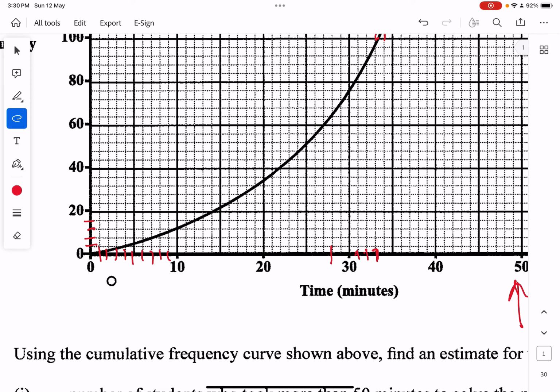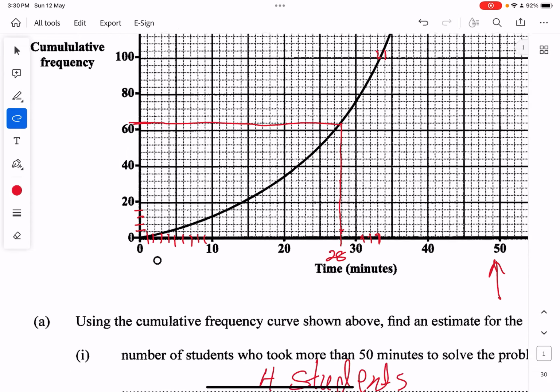We go up to the curve that corresponds to this line here and find the number of students that would have scored less than or equal to that amount, and it's going to be 64. So it comes across on this line here and ends up there. Remember that one of these lines represents 4 units, so therefore it is going to be 64.